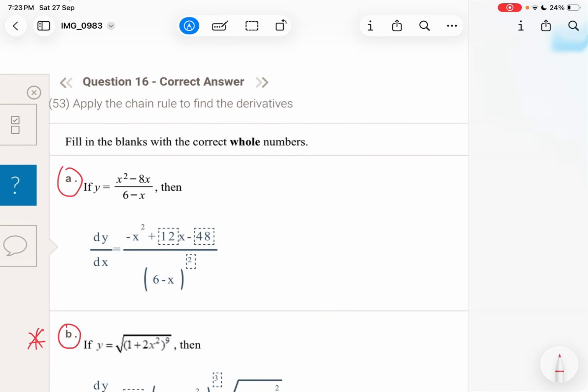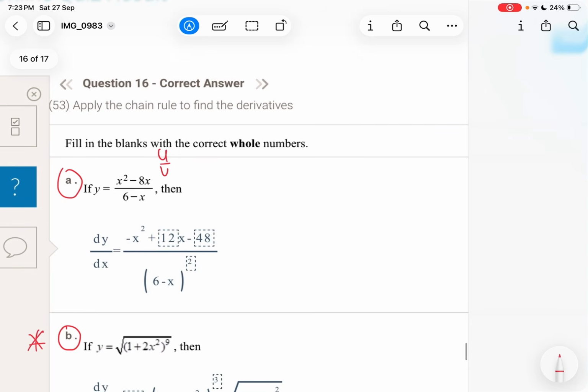You got this, which looks like u over v, right? So it will be equal to (u prime v minus v prime u) over v squared.